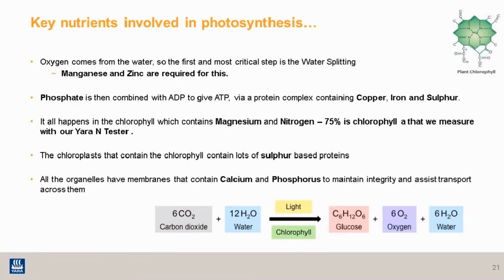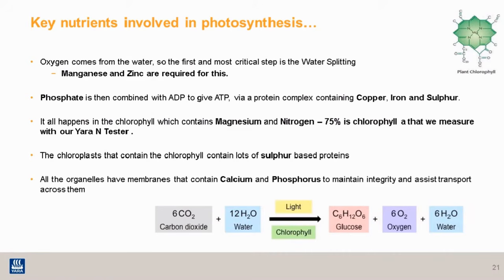As that process develops, we know that the light energy coming in is trapped in the plant chemically through the ATP molecule, and as you can see in the name there, there's P involved, so phosphate, very important when it comes to the energy store of the plant. And then that process happens through various protein complexes which contain copper, iron and sulfur.